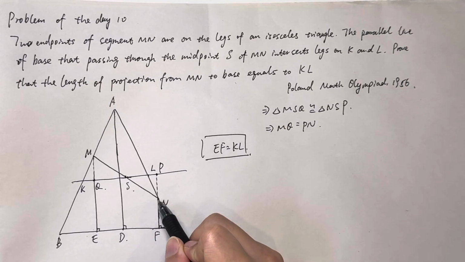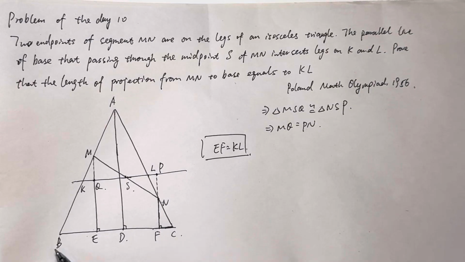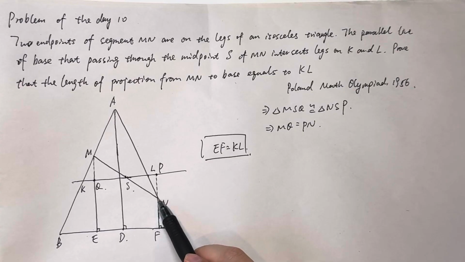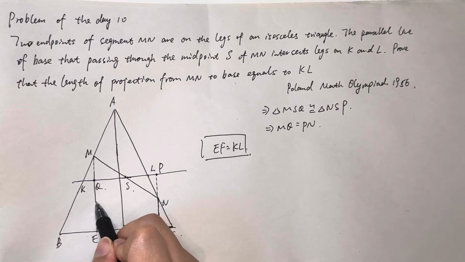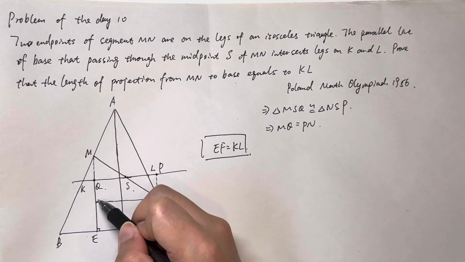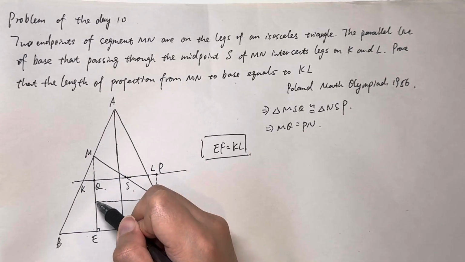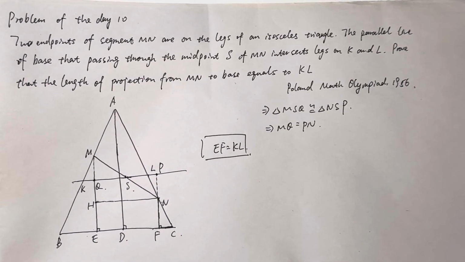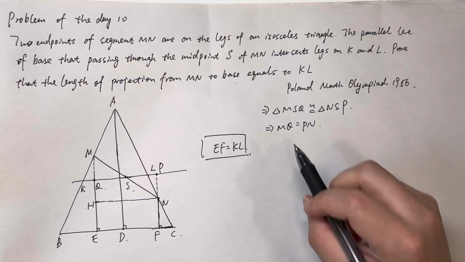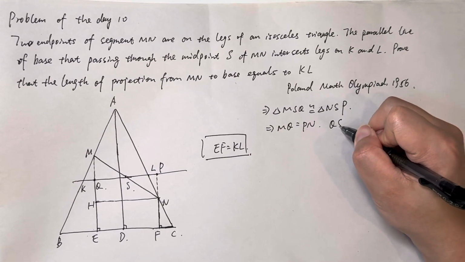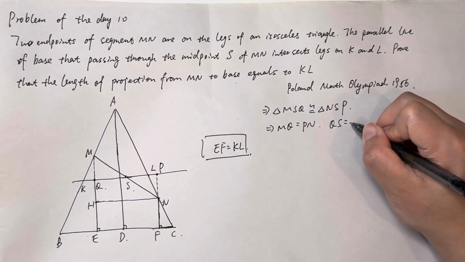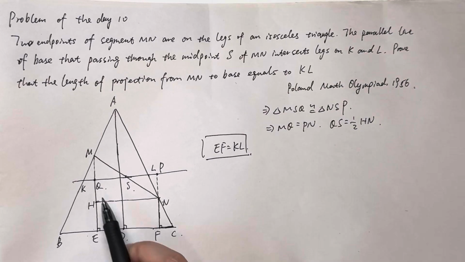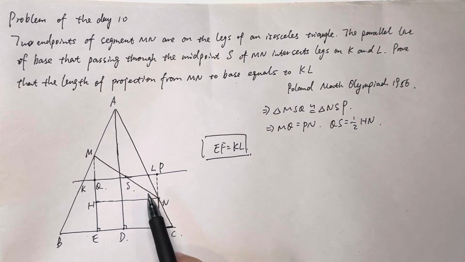And let's draw a parallel line of BC passing through point N here. This line meets ME at another point, call it H. So now we know that QS equals half of HN, because S is the midpoint of MN.